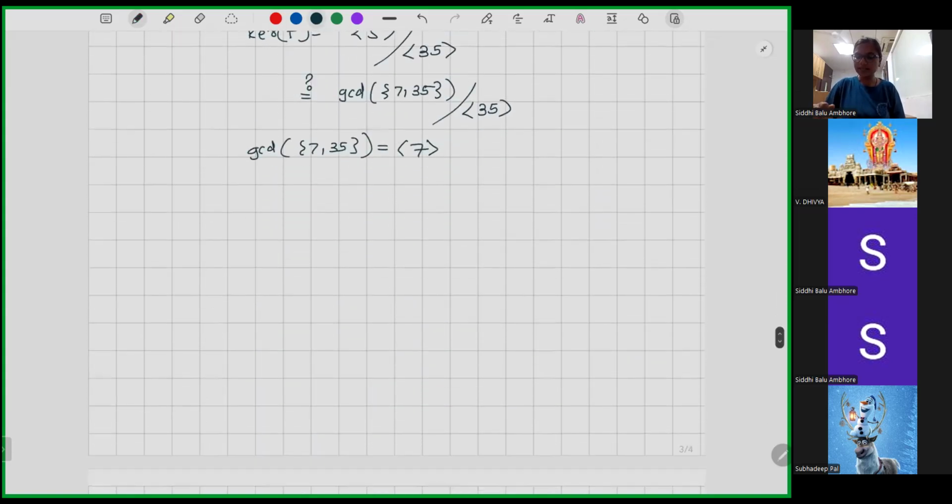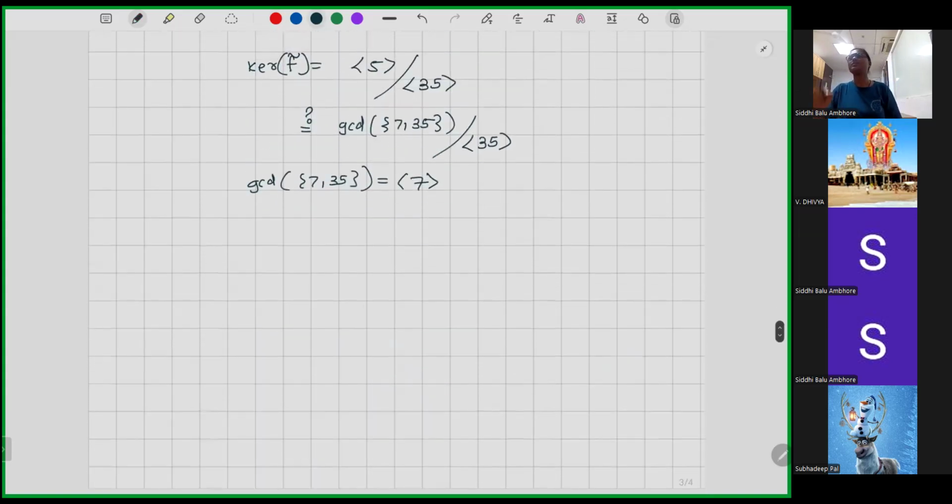But what exactly is this kernel then in general? It's okay that we could get that this is not true. This kernel need not be equal to just 7. So what exactly is the nature of this kernel? How can we see how the kernel looks like?